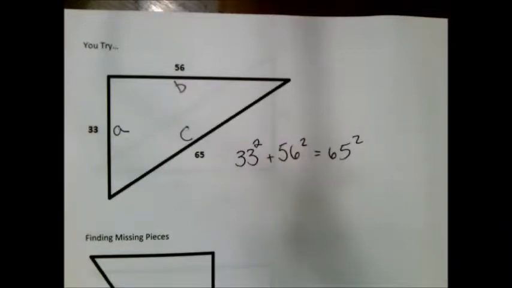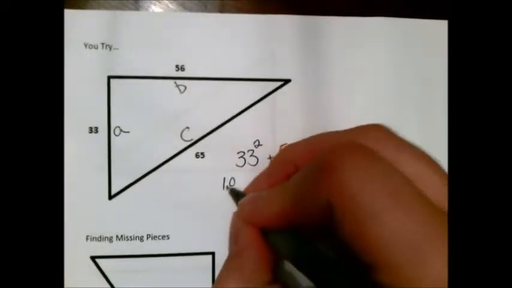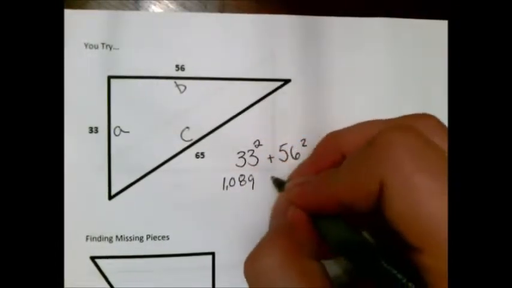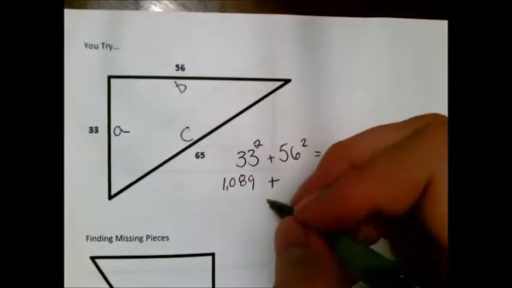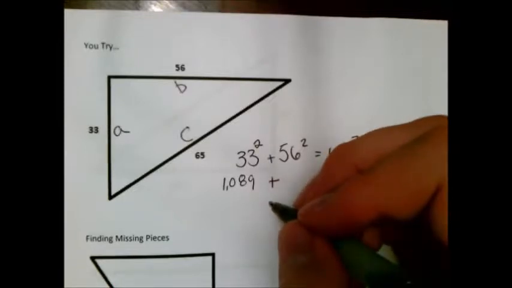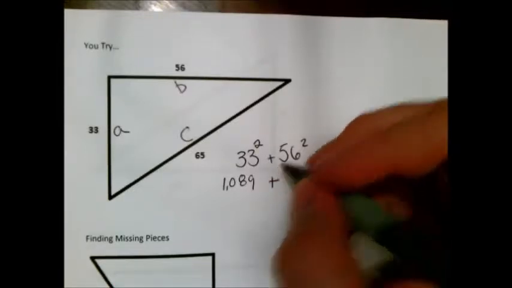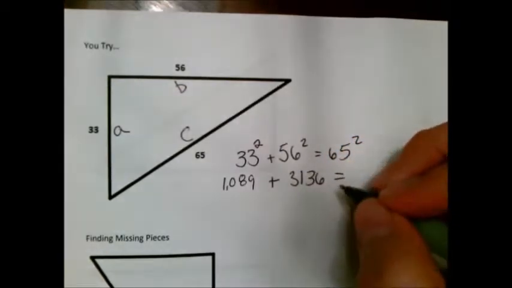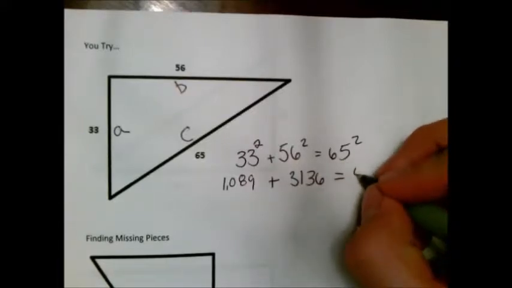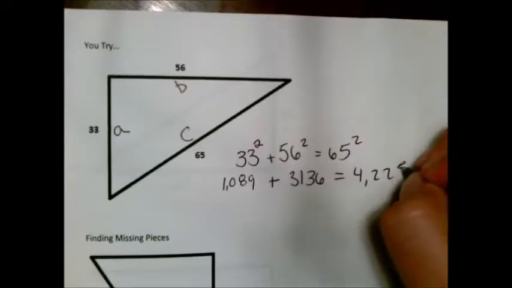Okay, so 33 times 33 should give you 1089, plus 56 times 56 should give you 3,136, and then we've got 65 times 65, which should give you 4,225.